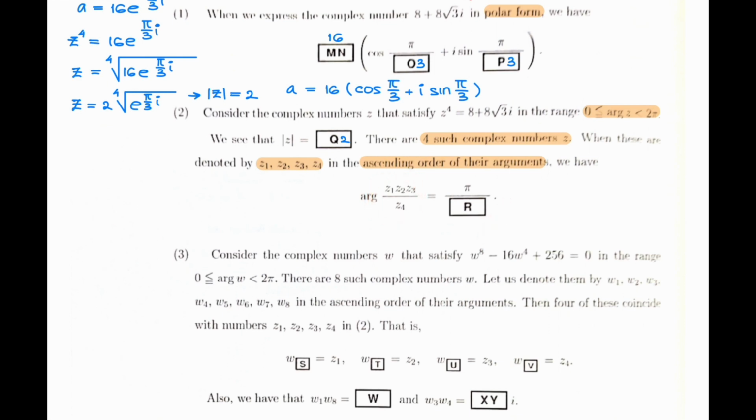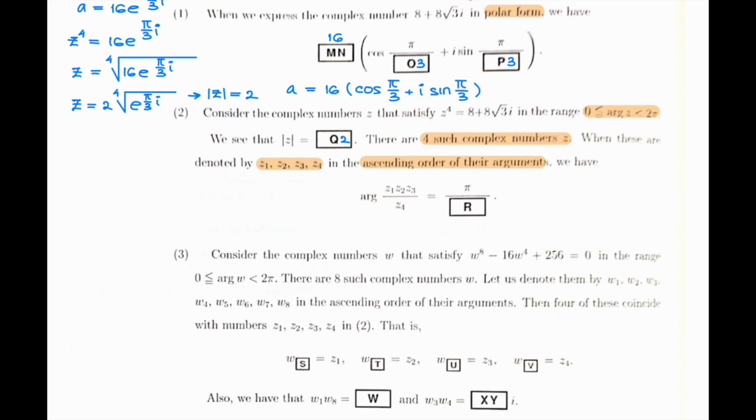Once I got the modulus, to find z, I need to know the argument. We know that z to the power of 4 equals a complex number, then z has 4 solutions. That's why they tell us that there are 4 complex numbers that satisfy this equation.